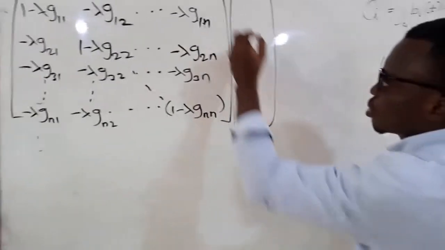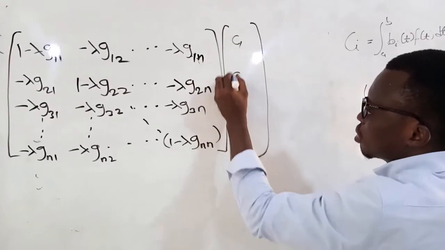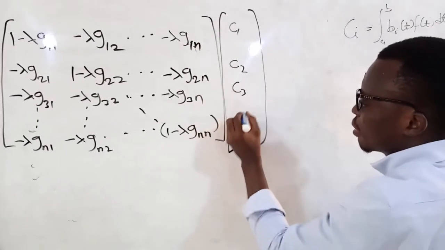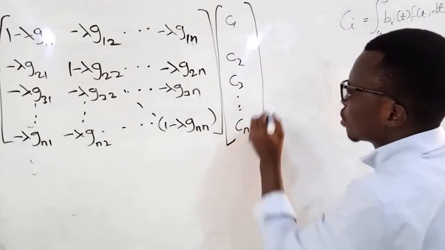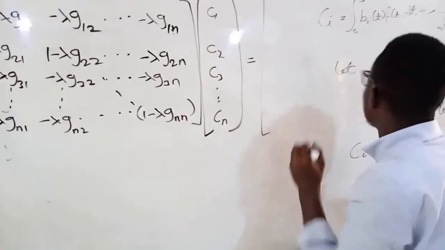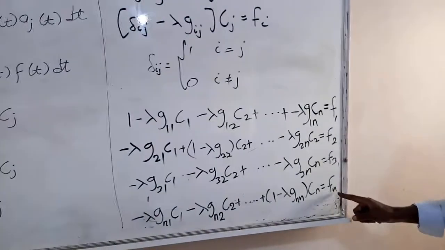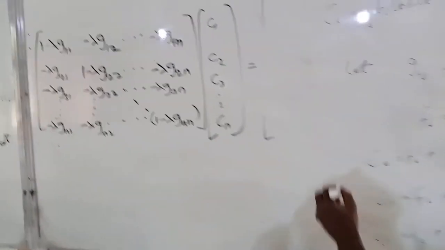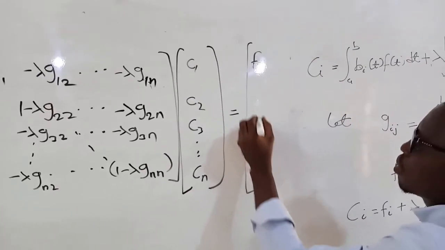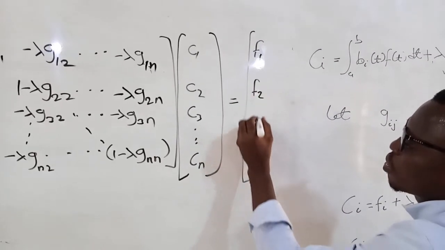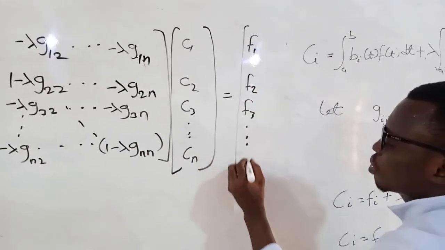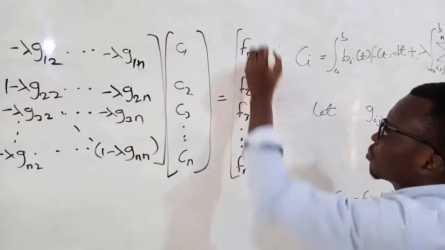That's our unknowns, to be equal to f1, f2, f3, up to fn.